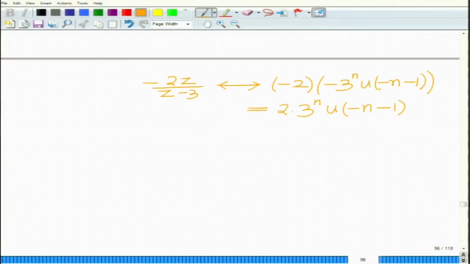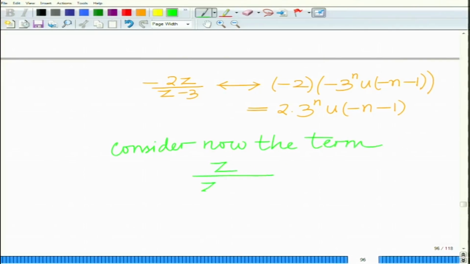Consider now the term z over (z minus 3) square.